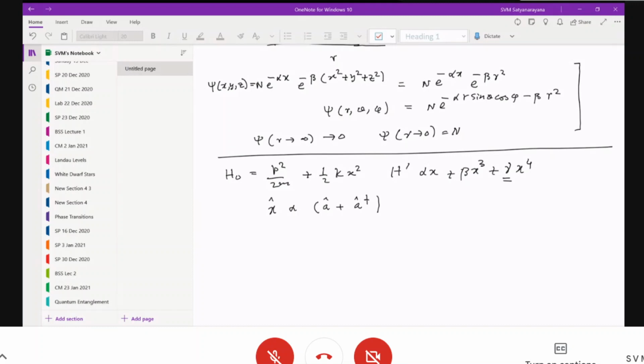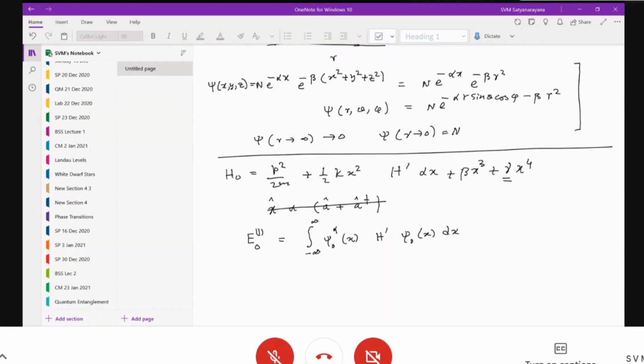Or maybe I can also use this slightly. Okay, if you let me, I will come back to this, but let me give you a simpler argument. The first order correction in this case for the ground state is given by the integral from minus infinity to plus infinity of psi 0 star of x into h prime into psi 0 of x dx, correct?